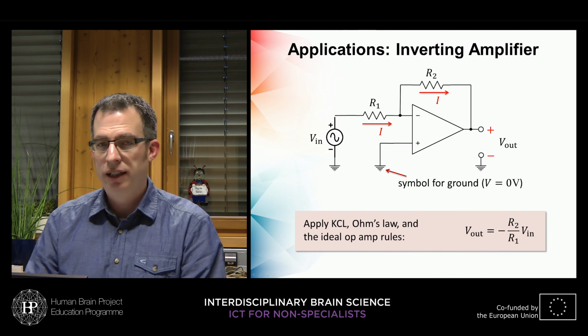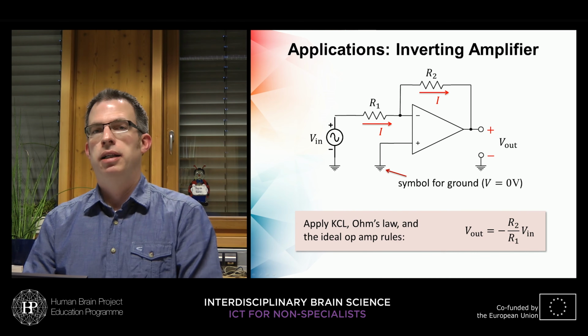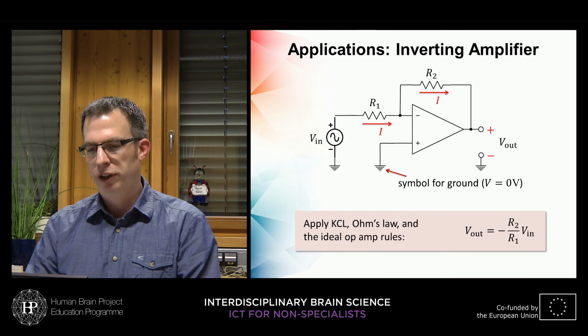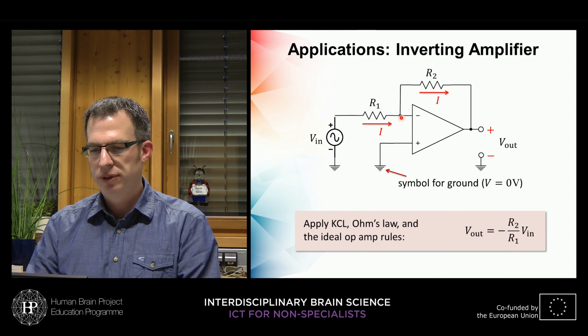To analyze this circuit, we can now apply our golden rules and the current law from Kirchhoff. So the first golden rule is that there is no current flowing into the inputs. So at this node there is no current flowing away into this input, so we can say that the current through the resistors is identical, and we call it just I.